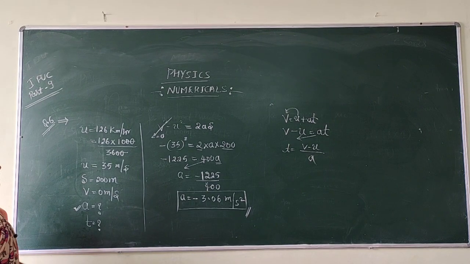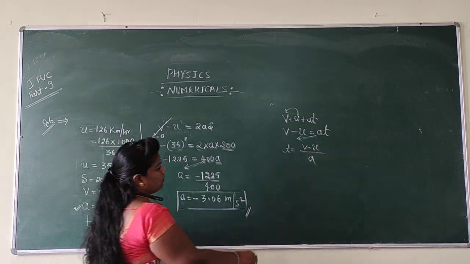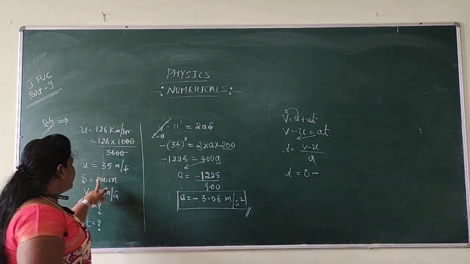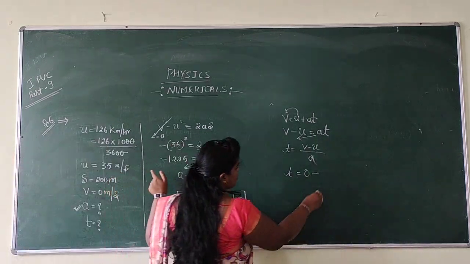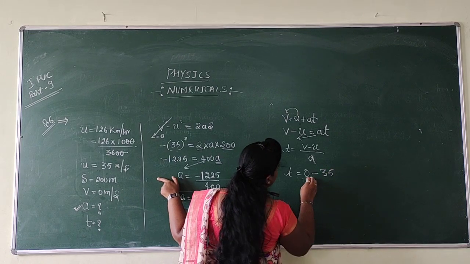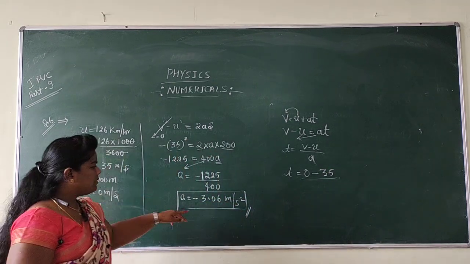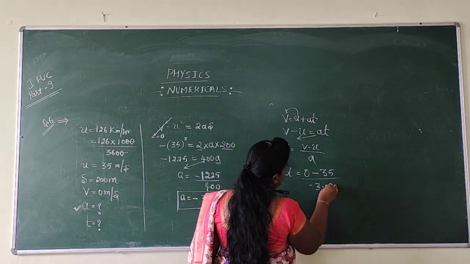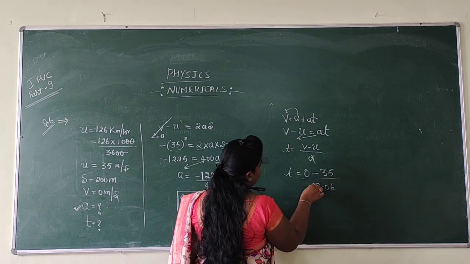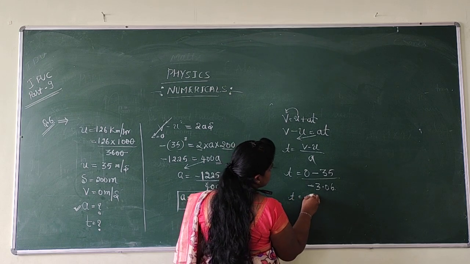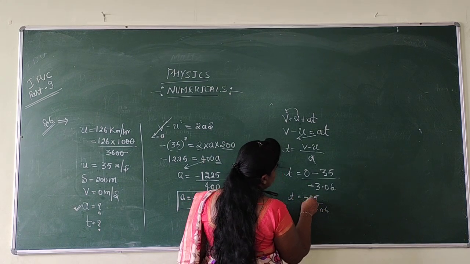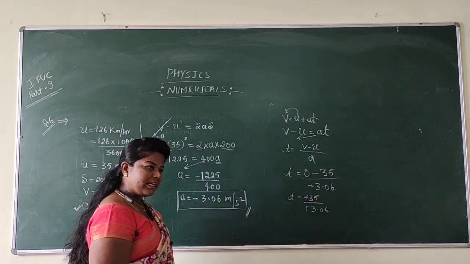Dear students, what is v here? Here it is 0. t is equal to v is 0, minus what is u here? It is 35. So minus 35 divided by a. We calculated it is minus 3.06. So here 0 minus 35 is minus 35 divided by minus 3.06. Minus minus cancel with each other.